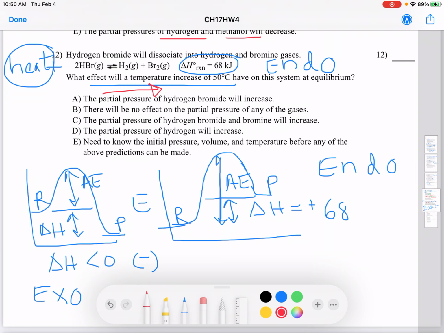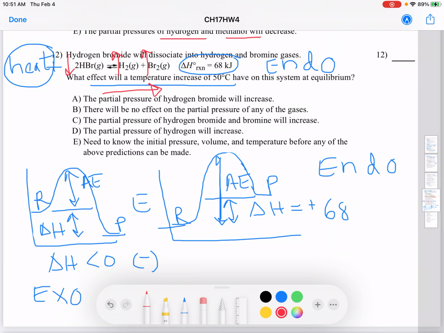With that in mind, let's see. The hydrogen and bromine partial pressures will increase, and the HBr partial pressure will decrease. These two will increase, right? We are making more of the products. Partial pressure of hydrogen bromide will increase. Is that correct? That's a reactant. No, right? There will be no effect on the partial pressure of any of the gases. That's not correct either.